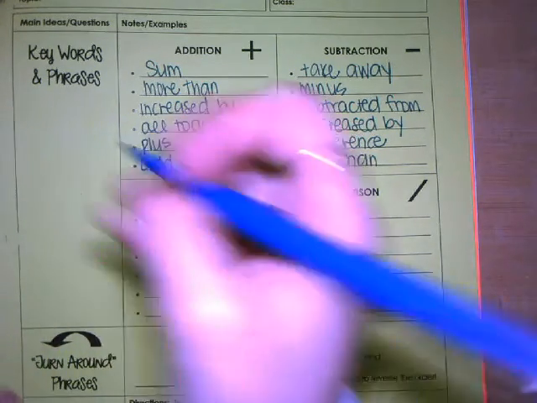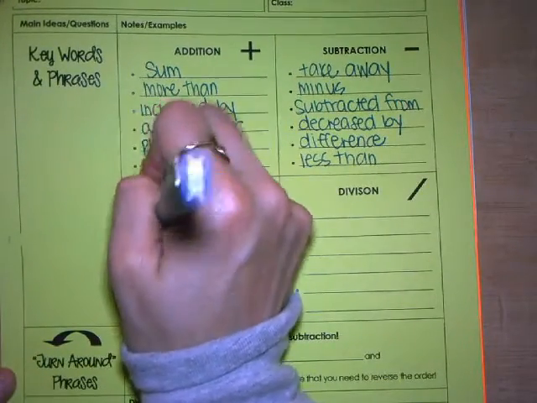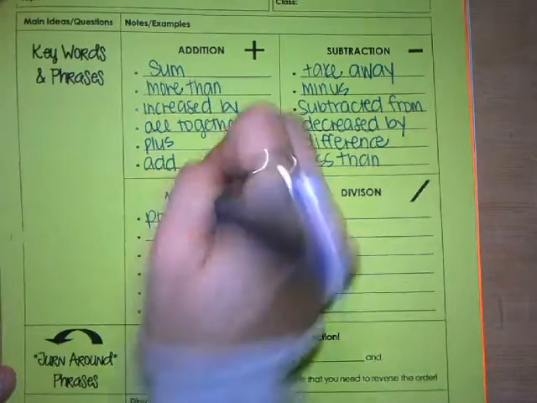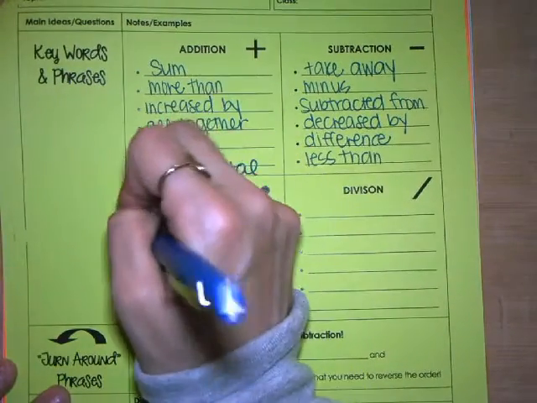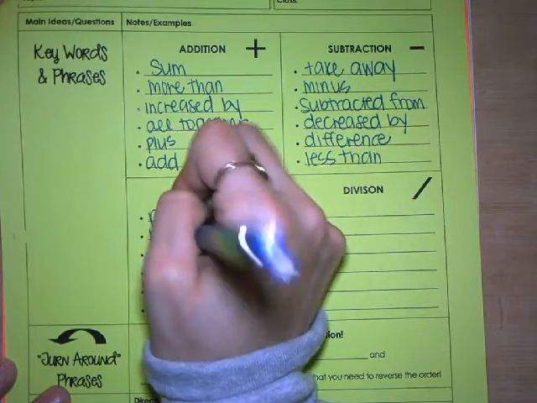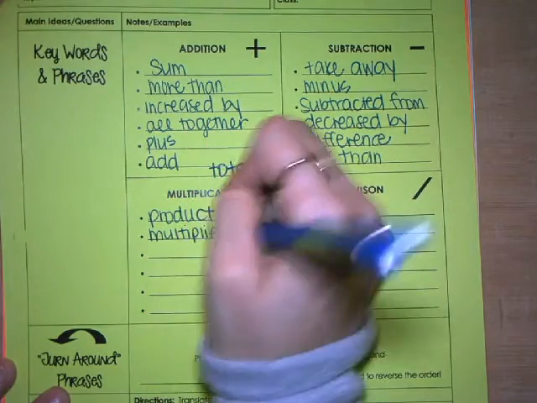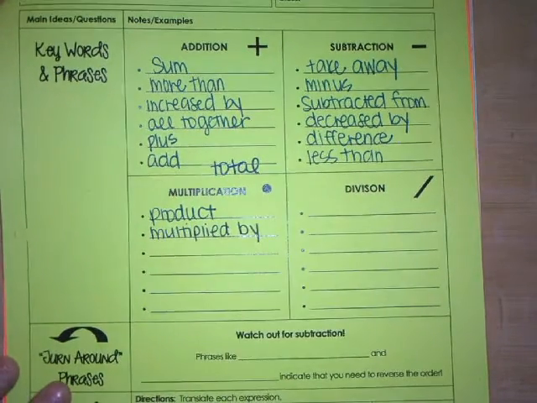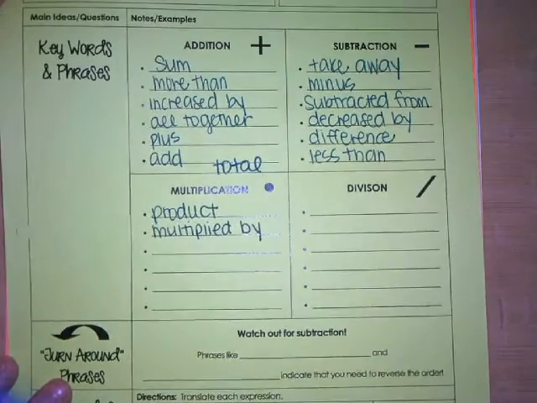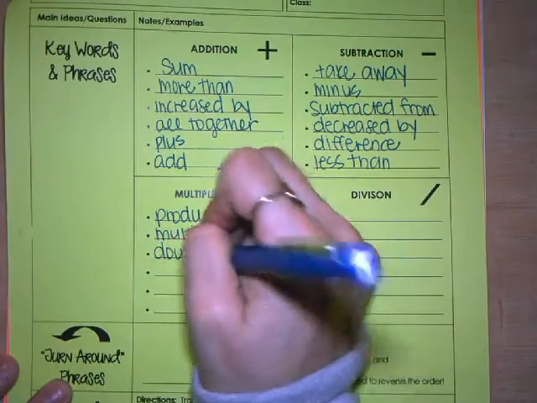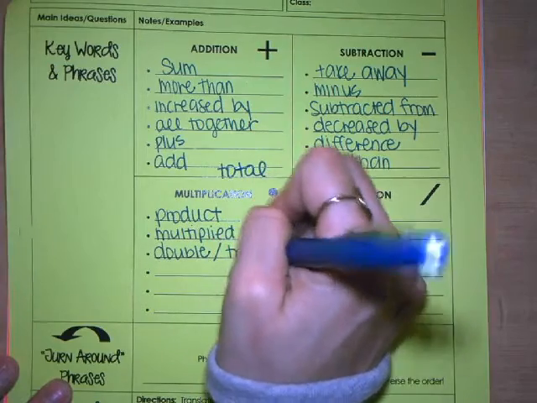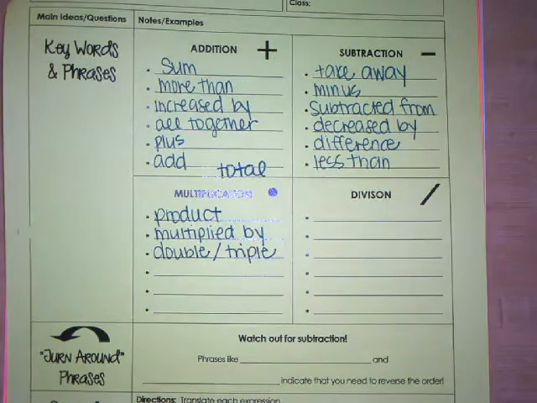All right, multiplication words. Campbell. Product. Brady. Multiplied by. Brayden. Like double or twice. Perfect. I'm going to write doubled / triple, anytime they keep going up with those numbers. Double and triple. Times by.